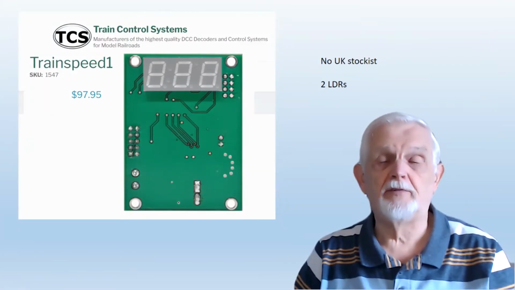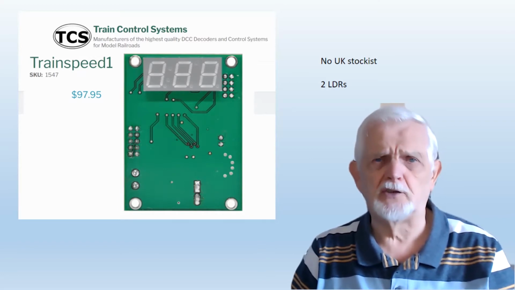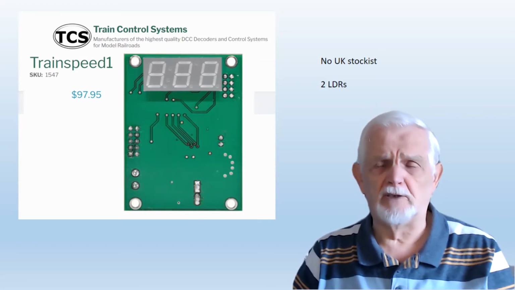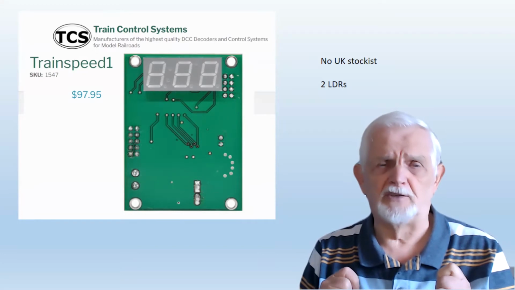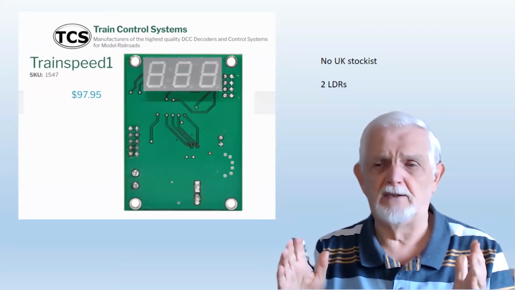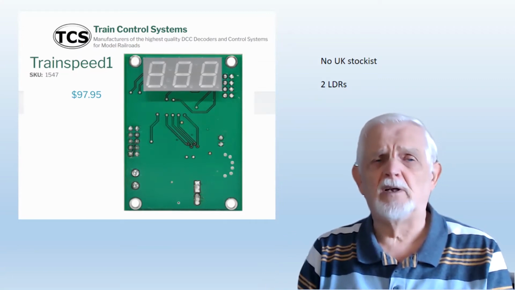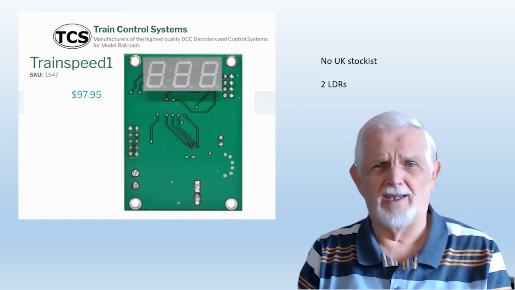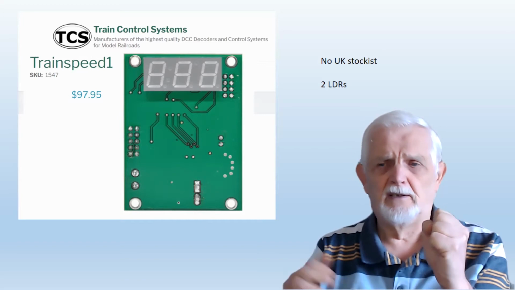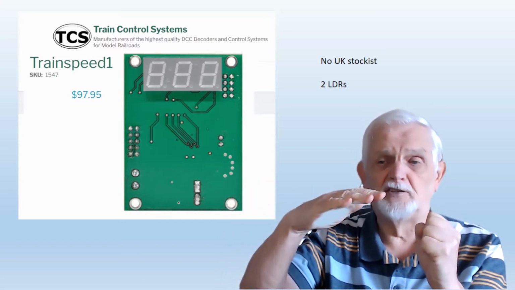This is the offering from Train Control Systems. Can't find a UK stockist for it. It's got a 3-digit readout, and it works on the basis of 2 LDRs spaced apart, light-dependent resistors. I'm not, again, certain about the accuracy of that, because if that's the sensor and the loco's coming from that direction, it depends where the light source is.